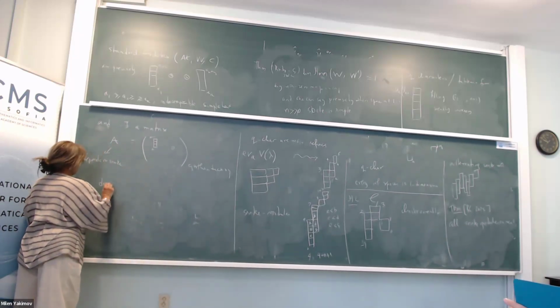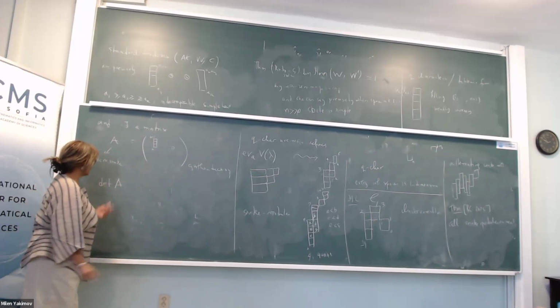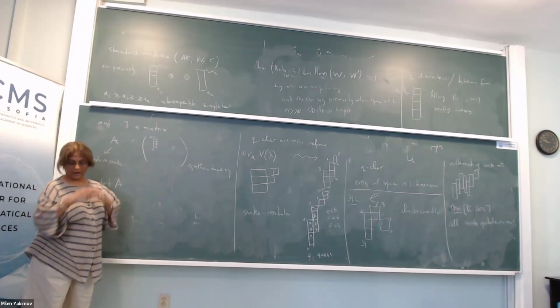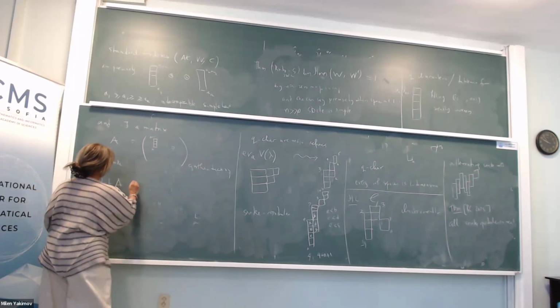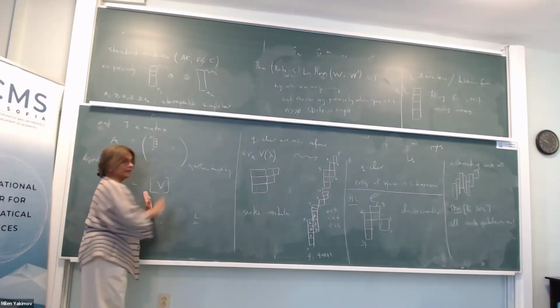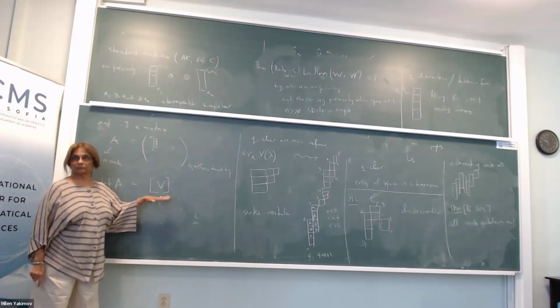And if you look at the determinant of this matrix, then the determinant is really going to be an alternating linear sum of the standard modules, and that's going to be equal to the Grothendieck class of the irreducible module.